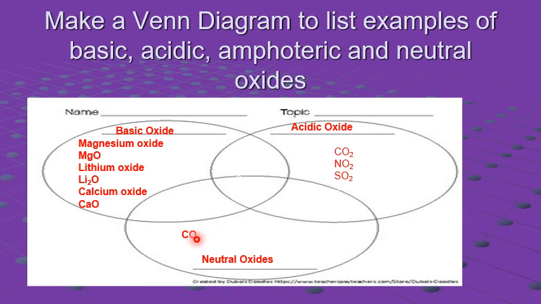Those are carbon monoxide and nitrogen monoxide. And then we have, of course, amphoteric oxides. They can behave both as a base or as an acid, so we can put them right in the middle here. That would be aluminum oxide, water, and zinc oxide. So make a note of this, and you should use the same little chart to study the different oxides.